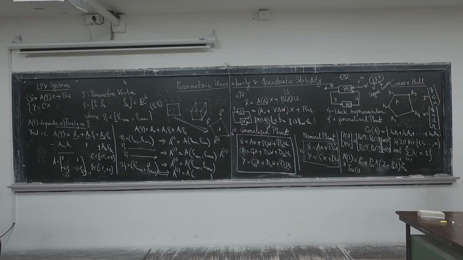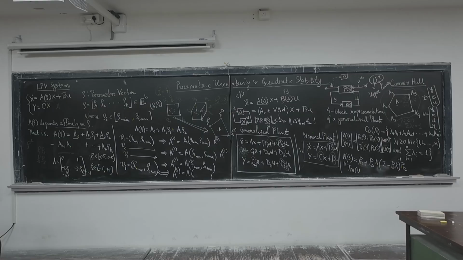Now if you say, sir, I would like to expand this, not a convex hull, but an irregular pattern of a much larger region, then of course you are able to cover more and more A matrices, that is more uncertain situations, but for them you cannot directly apply the quadratic stability or even the other known stability results.